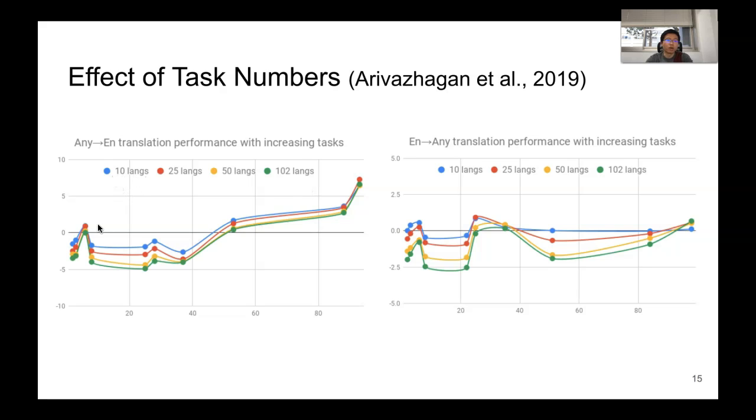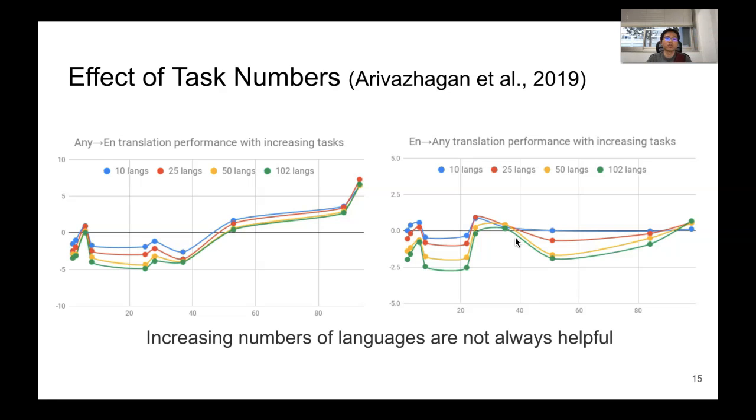Actually, here 10 languages shows the best performance. For the higher-resource settings they are not helpful, and for the lower-resource settings they are more helpful. On the English-to-any translation direction, the trend is similar, right? The 10-language setting performs better compared to adding more language pairs into the multilingual system. So this observation tells us that increasing the number of languages is not always helpful.